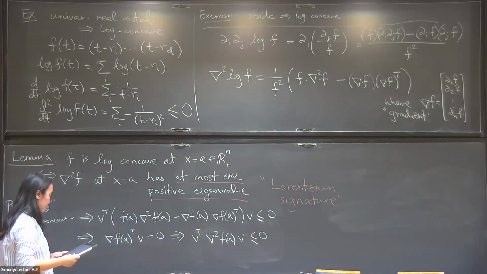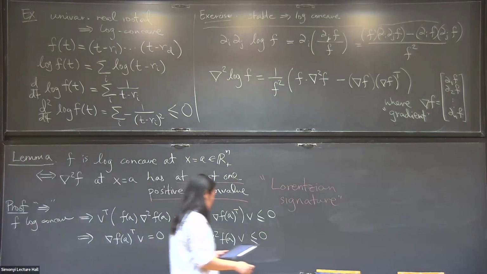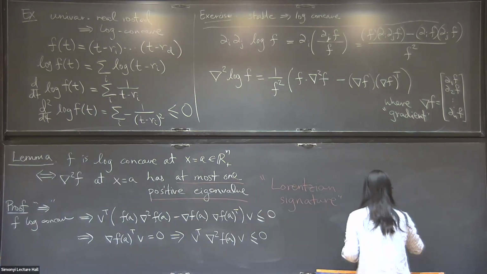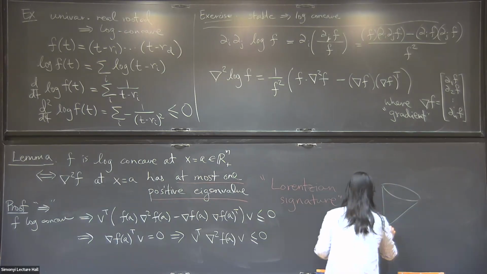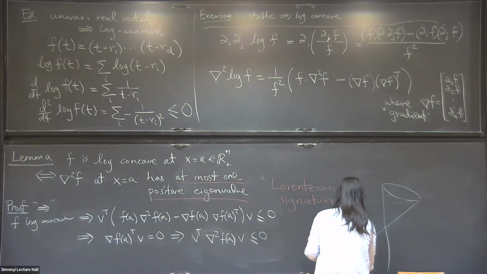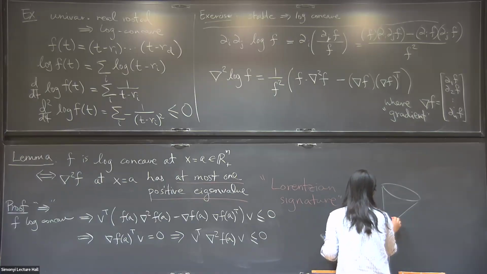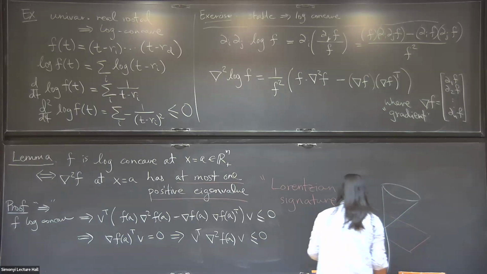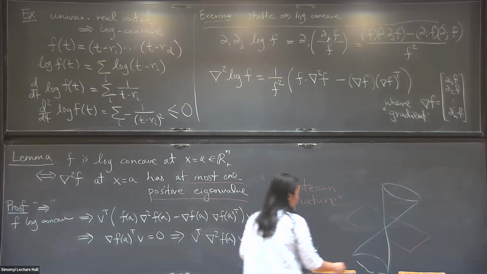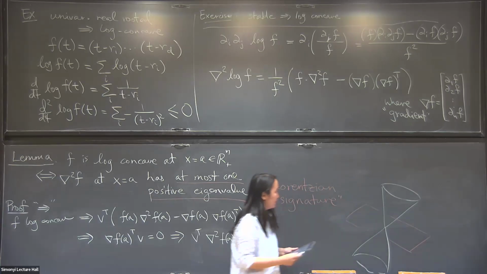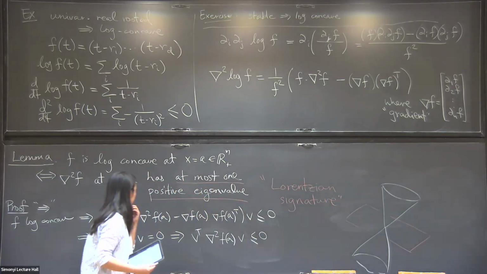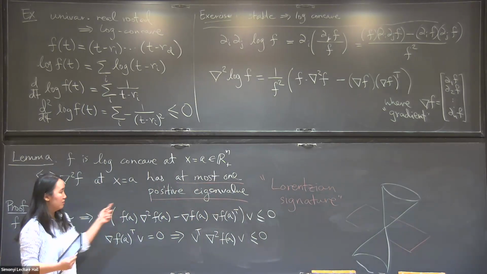And then for that hyperplane, I'll draw a picture. So you have some kind of a quadratic form, and then you have a hyperplane. This hyperplane is not meeting the positivity region of this.